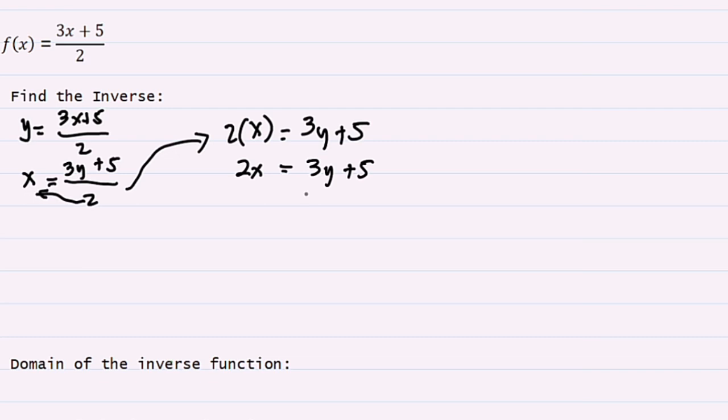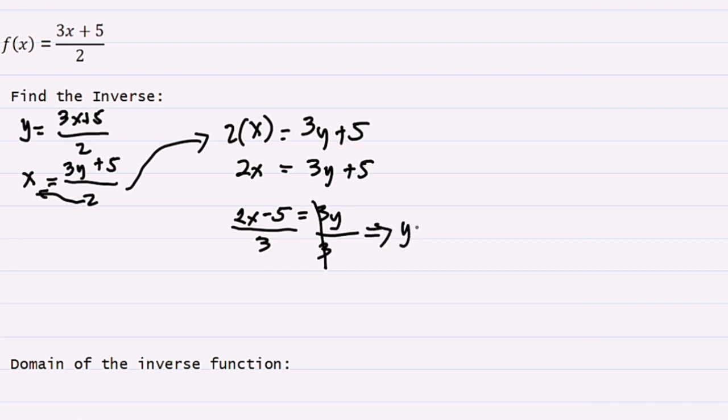And then, solve for y in terms of x. Since we are looking for the value of y, this positive 5 will be transposed to the other side together with 2x. So we have 2x minus 5 is equal to 3y. Then find the value of y by simply dividing both sides by 3, so that the number beside y is removed.